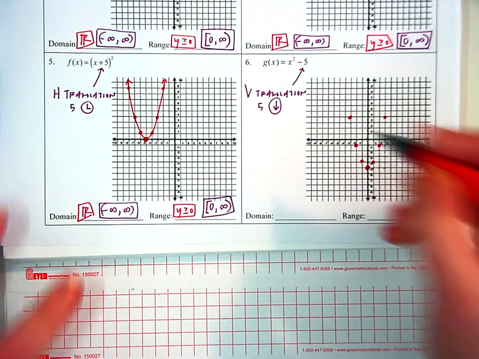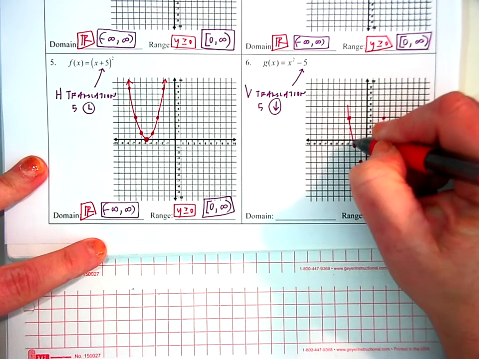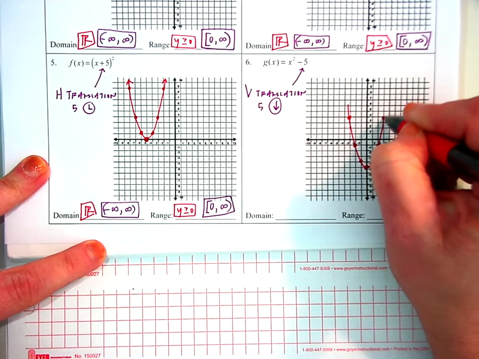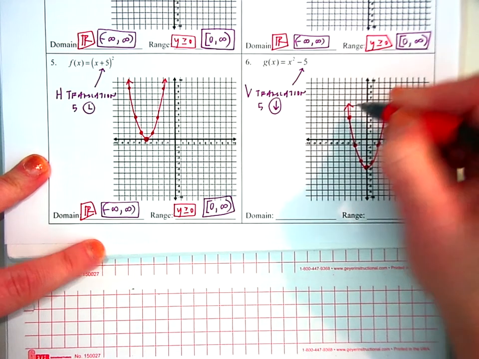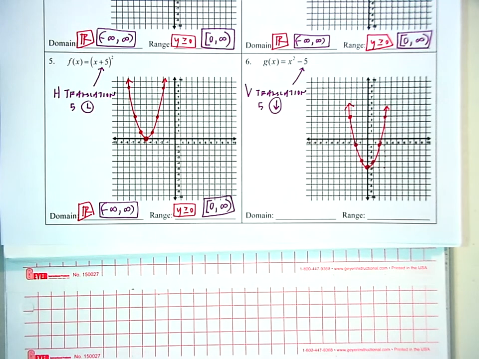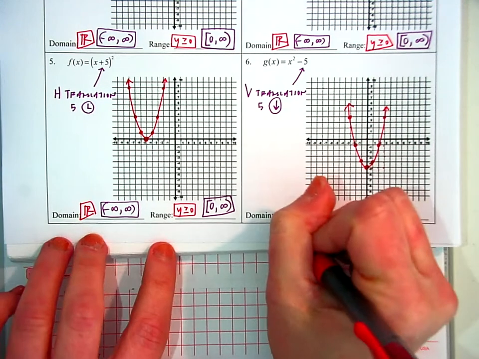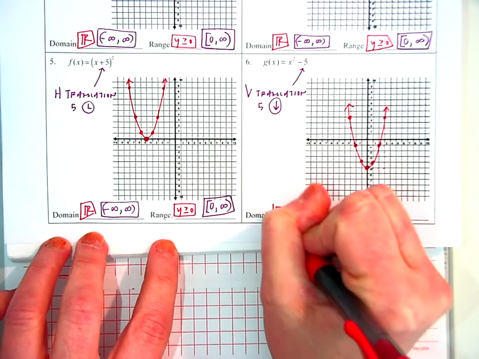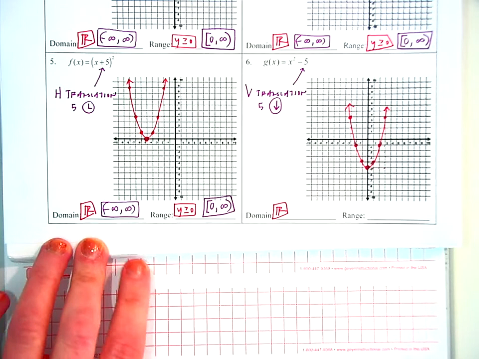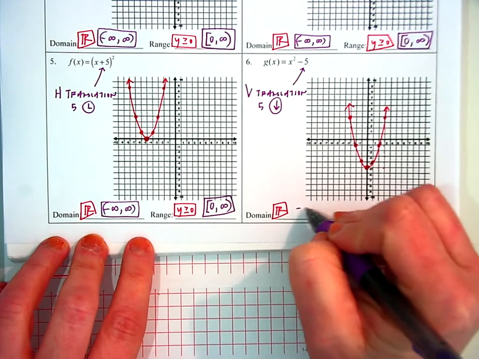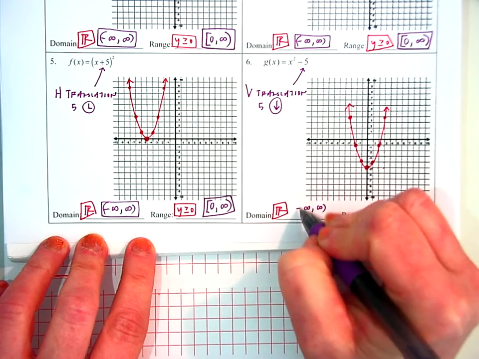Okay, and then I can connect my dots, smooth out my beautiful curve, and there is my beautiful quadratic function. So my domain here, always the same, all real numbers, it's always what x can take, or negative to positive infinity.